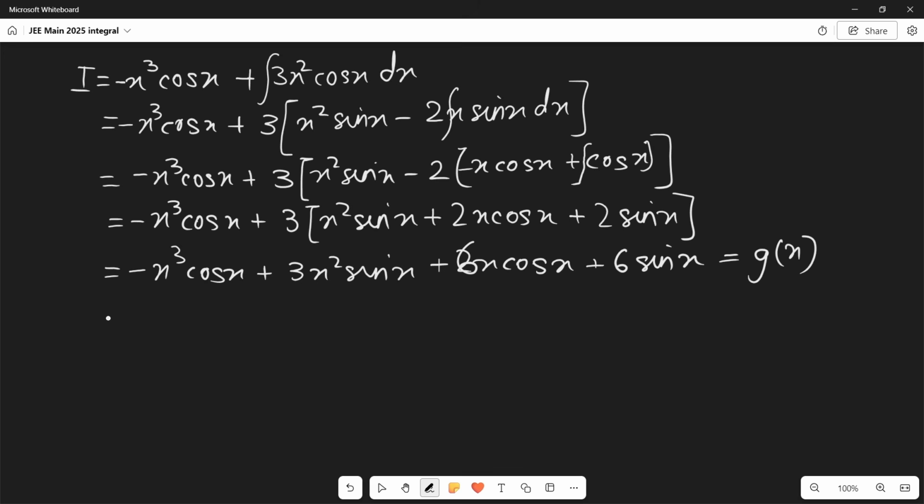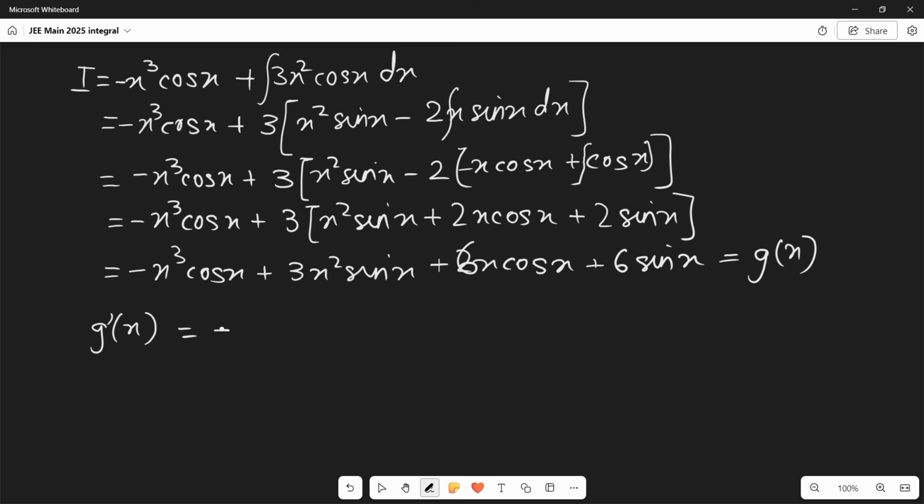Now we need to find 8 times g of pi by 2 plus g dash pi by 2. So we have to find g dash x first. We have to differentiate this function.